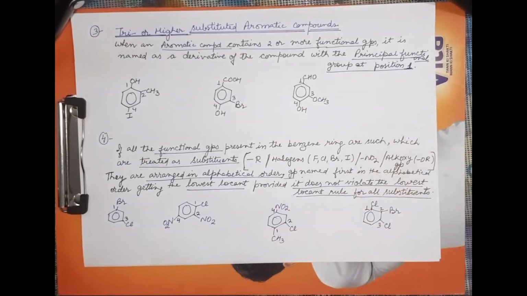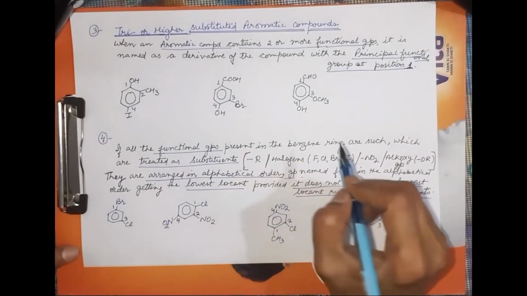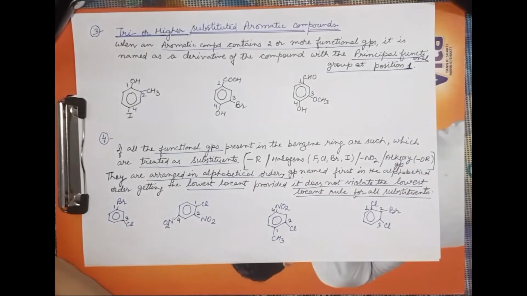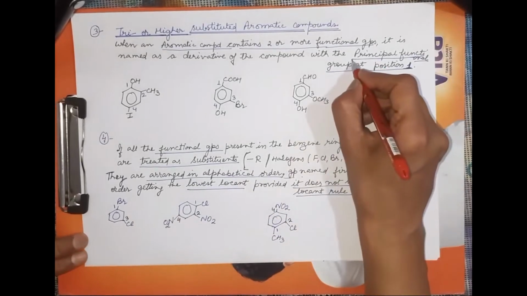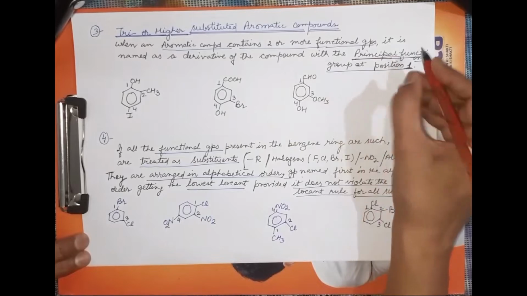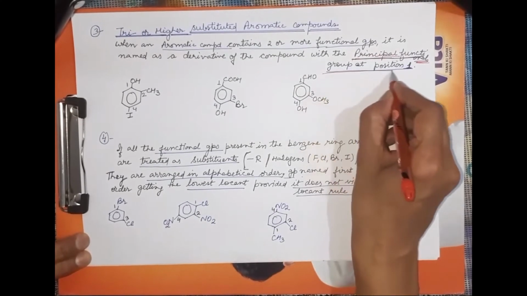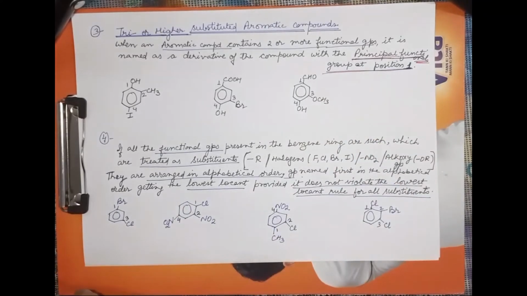So again the same rule applies here. Just as we discussed before, first we have to decide which functional group will be written as the principal functional group, and the principal functional group is given the position 1.